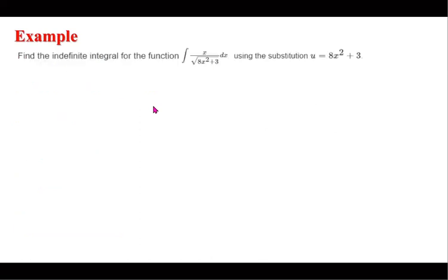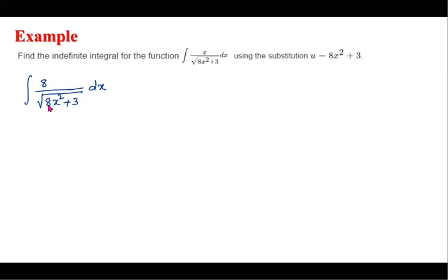Okay, here's the next example. What we have is the integration of 8 over the square root of 8x squared plus 3, dx. You can see that the function is a composite function.